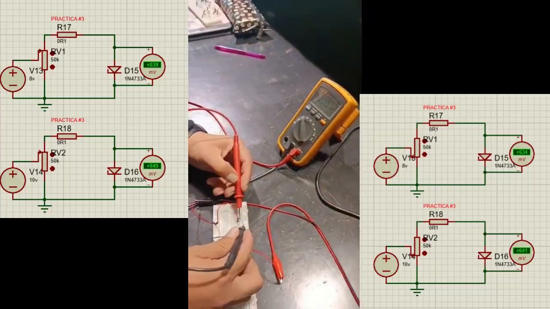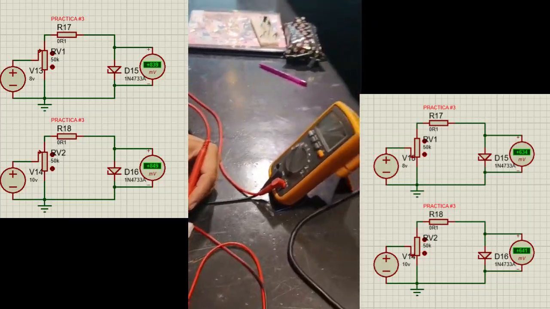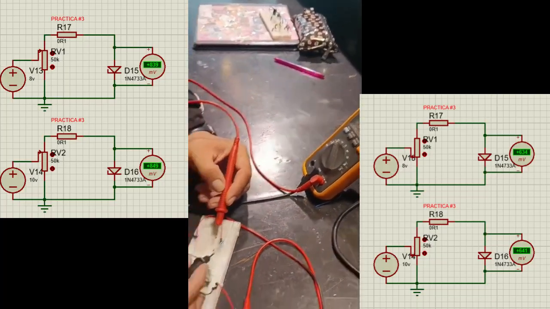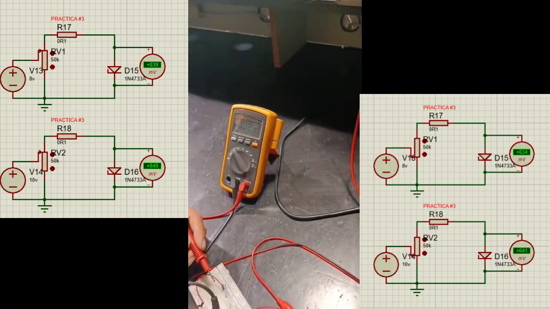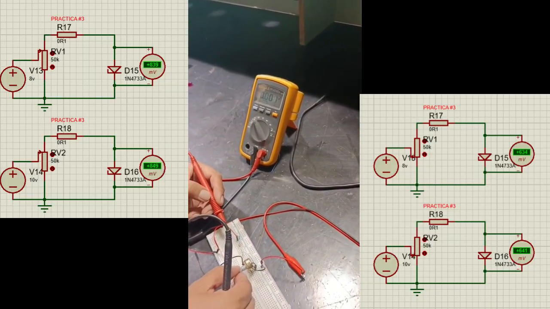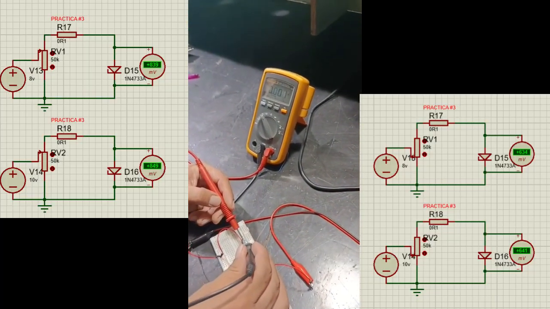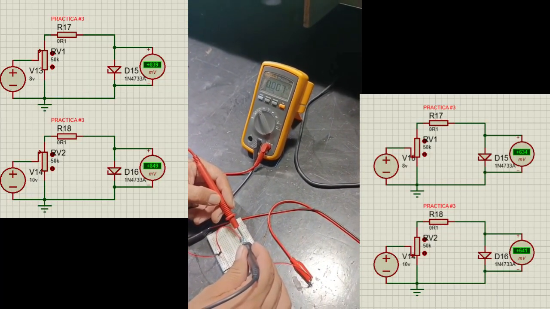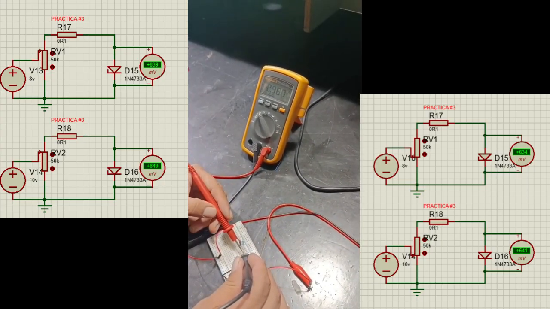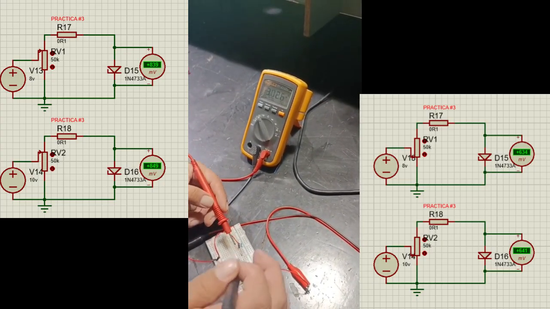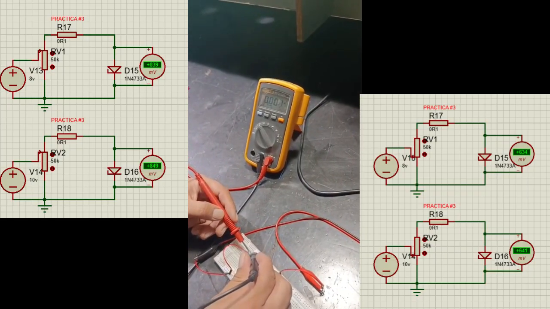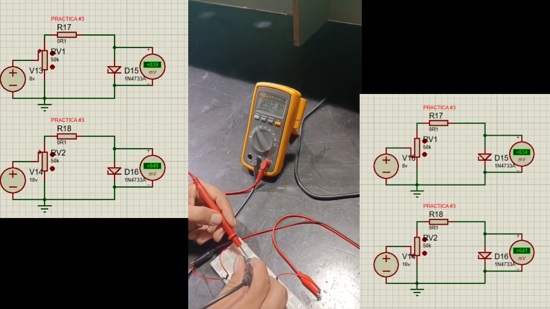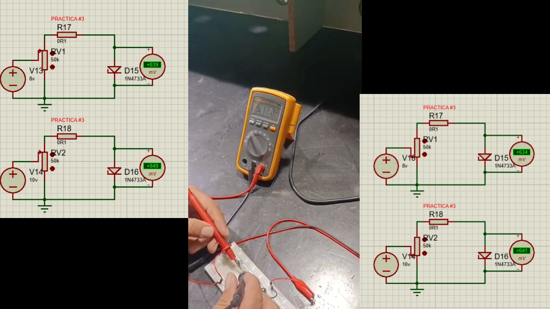Now we move to the potentiometer part. We see the simulator circuits on the screen. Here the potentiometer is open. Then we close it. We measure the voltage in the diode.